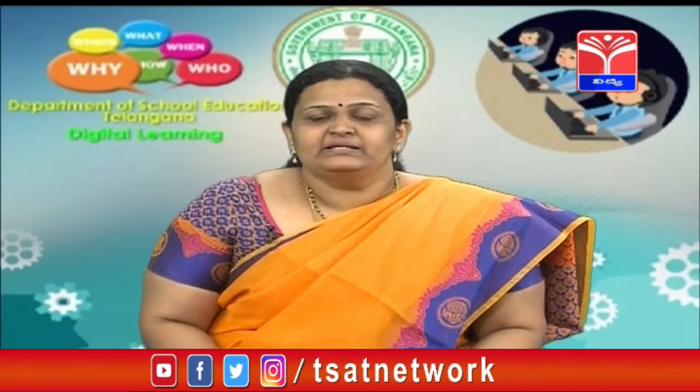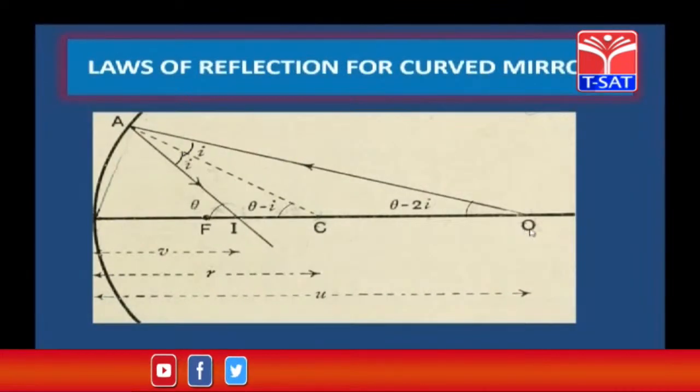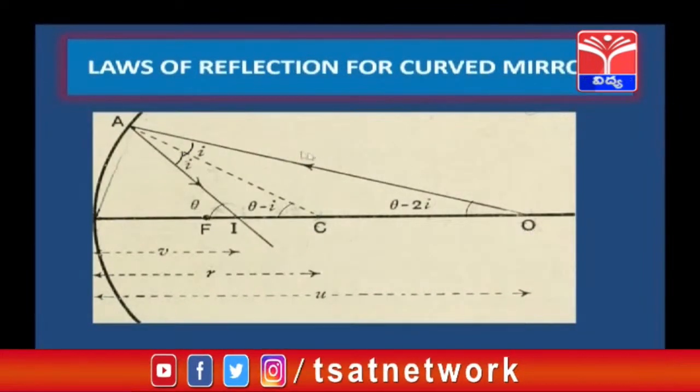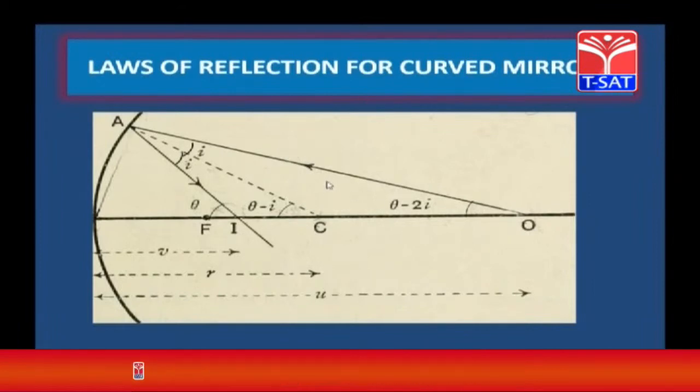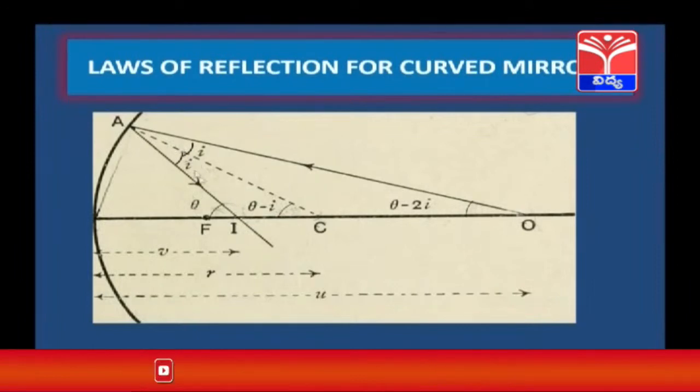Now let us see if the laws of reflection are applicable for curved mirrors also. Children, in this, if you observe, the object is at O. The incident ray is OA. And the image is at I and the reflected ray is AI.